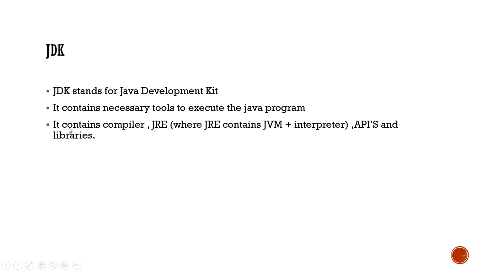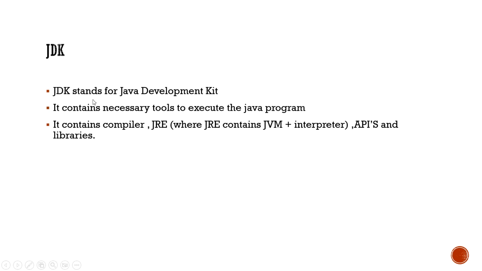What are the things it contains? It contains the compiler, JRE, and JRE contains JVM and interpreter, APIs and libraries. So in this Java Development Kit, the compiler, JRE, APIs and libraries are all there. These are the tools needed to execute the Java program. So what is JRE? Let us understand in the next slide.